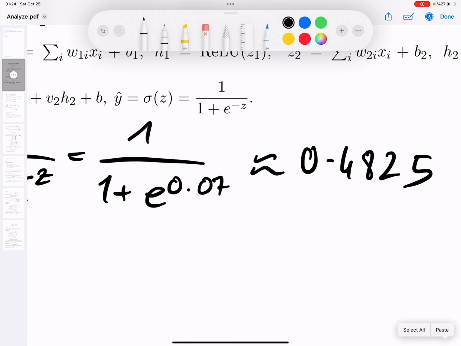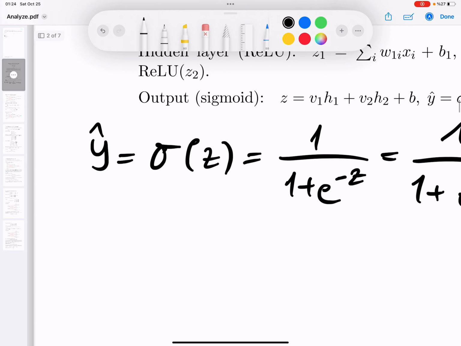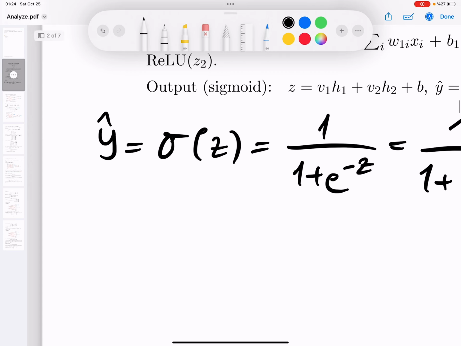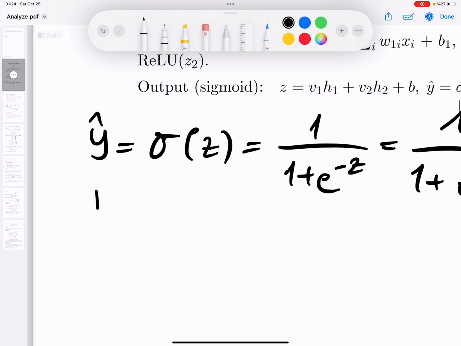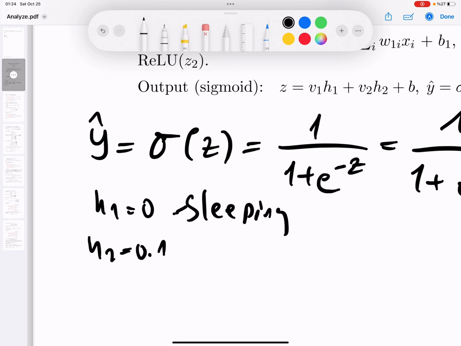We put all values. Like helper 1 was 0,1, because helper 2 was like sleeping, and this one quietly awake.